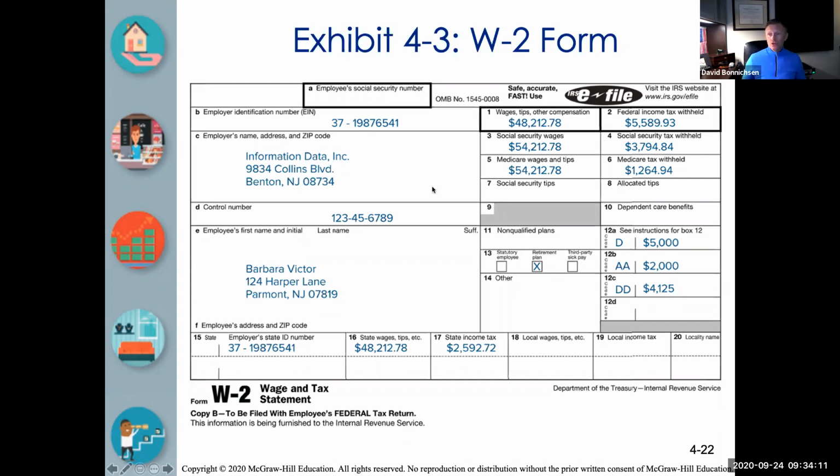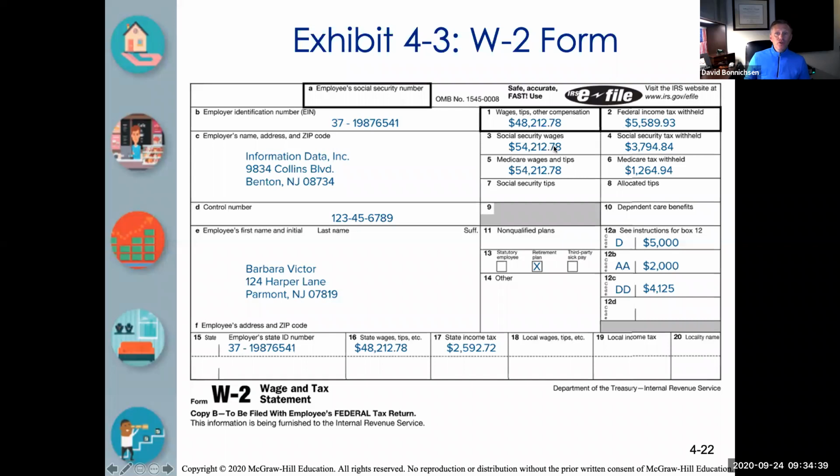Some of the obvious major categories: one, what are our wages and tips? I'll show you exactly where that number goes on the 1040 itself. How much federal income tax was actually taken out of her paycheck? This will go into determining whether we're going to get a refund or whether we're going to owe the government money.